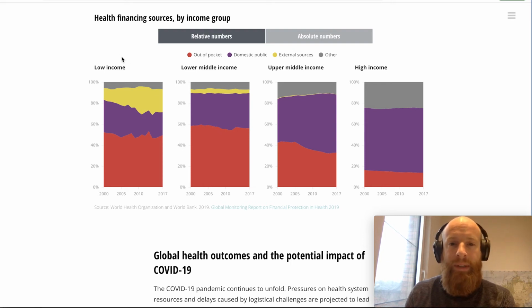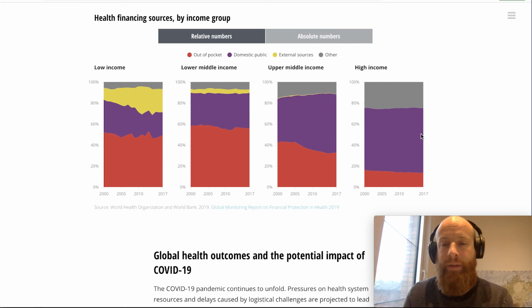And the interesting bit here is that you have a lot of out of pocket in low income and lower middle income countries, also a lot of external sources in low income countries, while in high income countries, the out of pocket money is very limited, so people don't have to pay a lot themselves. It's mostly the public money that is paying for healthcare.